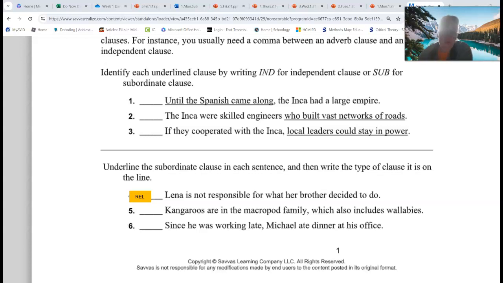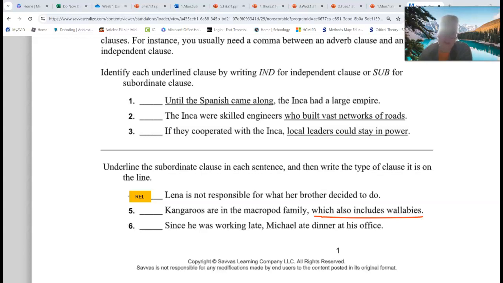Number 5, kangaroos are in the macropod family, which also includes wallabies. All right, where is our complete thought? Kangaroos are. What are they? In the macropod family. So I see a dependent clause. Your dependent clause is which also includes wallabies. What is it giving us information on?